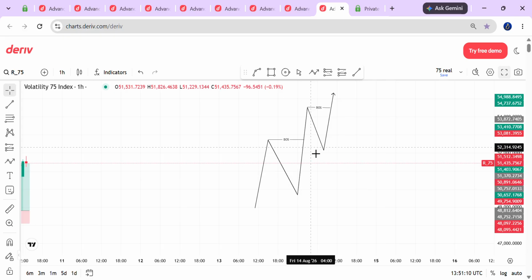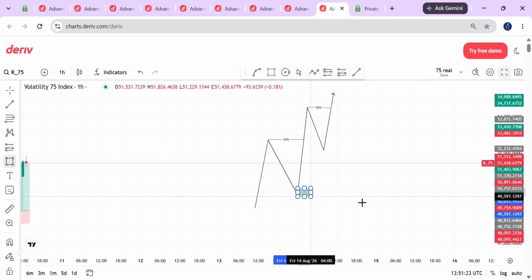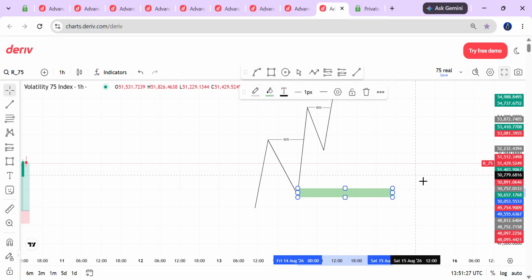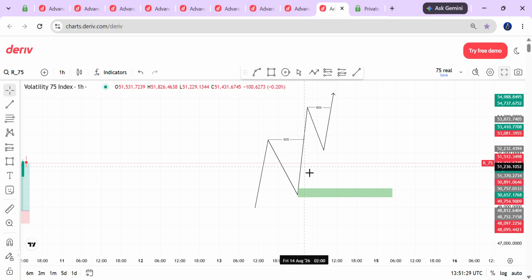So now, number one, you have to know the general bias. When I'm talking about the general bias, I mean you have to know if the market is in an uptrend or a downtrend. Now, the last candle before the impulsive move.